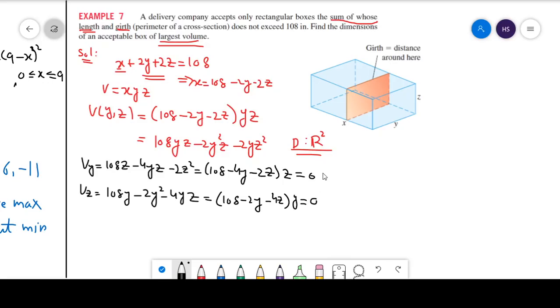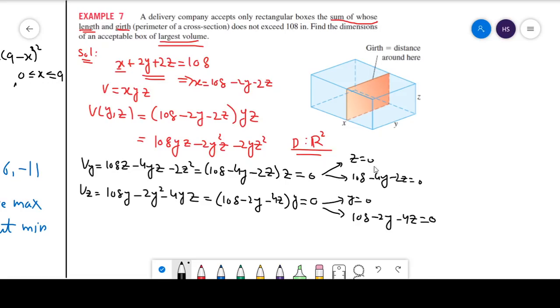So from here we get two cases, either z equal to 0 or 108 minus 4y minus 2z equal to 0. And similarly here we get either y equals to 0 or 108 minus 2y minus 4z equal to 0.